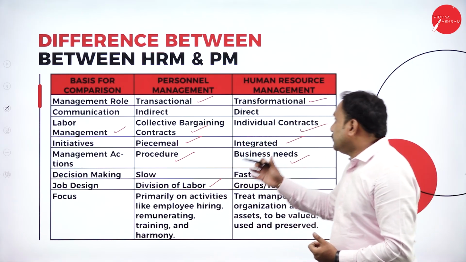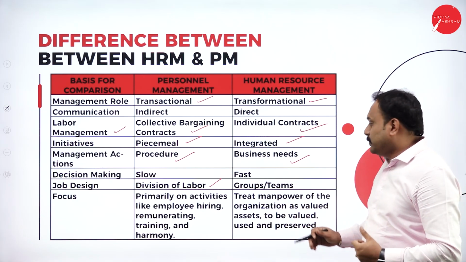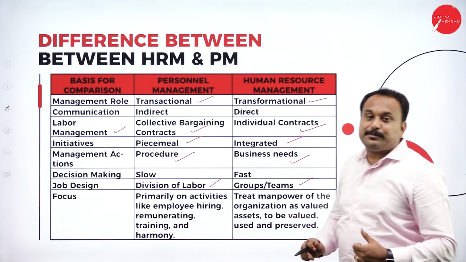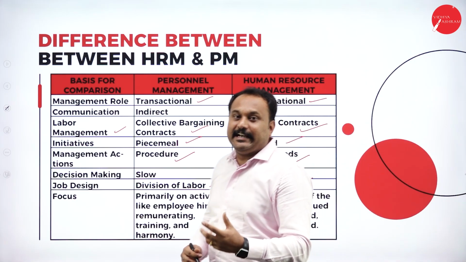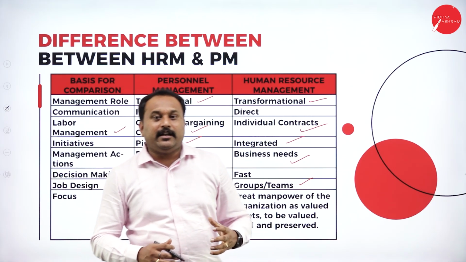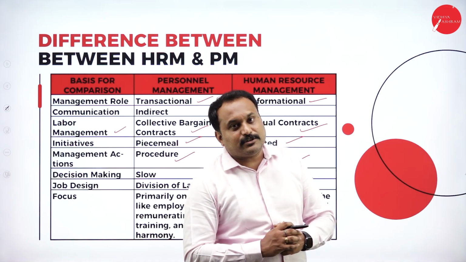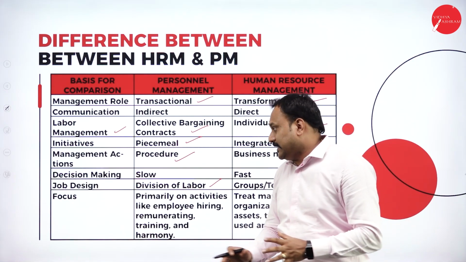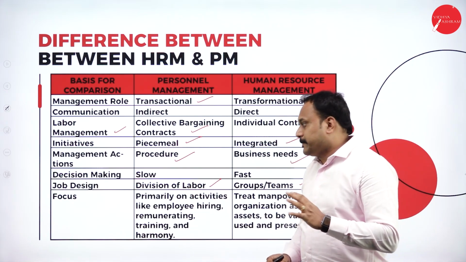But when it comes to the human resource, it's all about what? Groups and team. That's why you have something called the group leader or the team leader in human resource management. But here in personal management, what happens is, you will only have something called the division of labor.